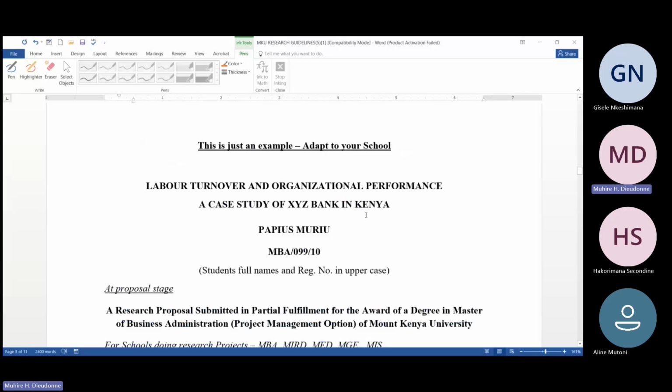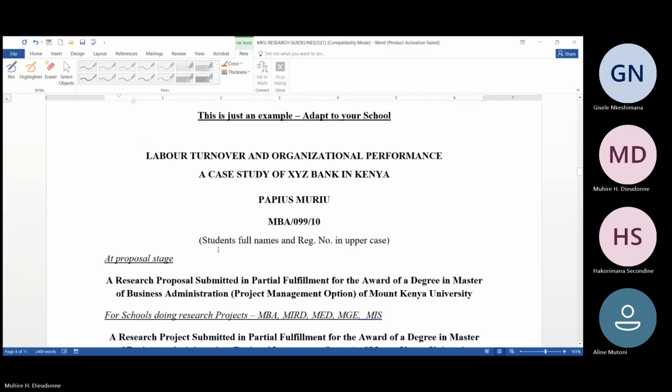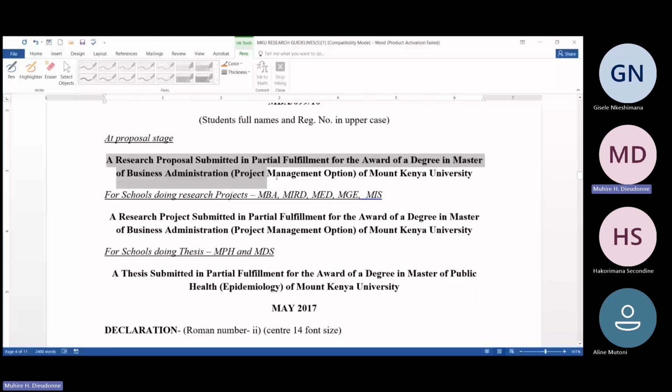So here we have a sample of how the topic should be, and you also see the name of the student, and the registration number is included. Then in between here we have research proposal submitted in partial fulfillment of the award of degree in Master of Business Administration, Project Management option, of Mount Kenya University.